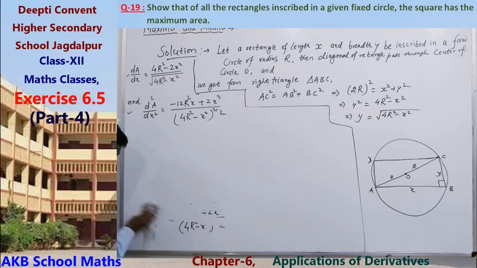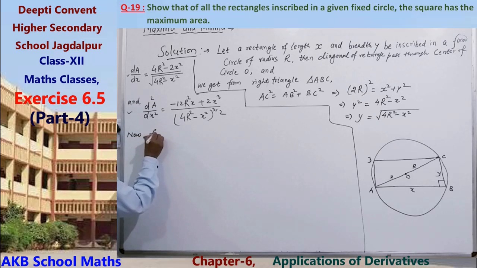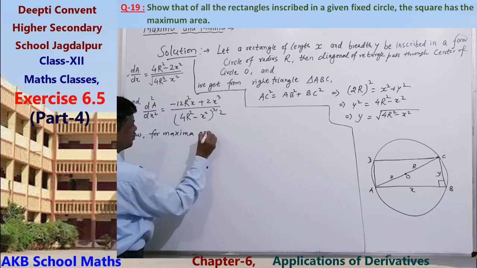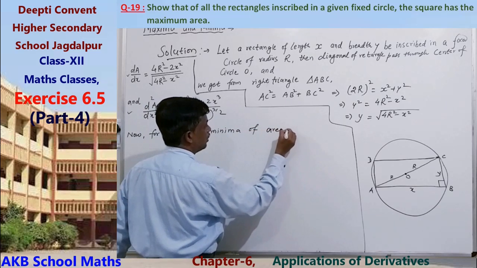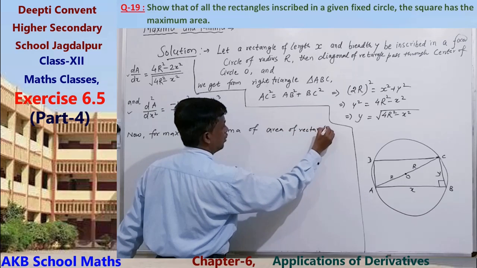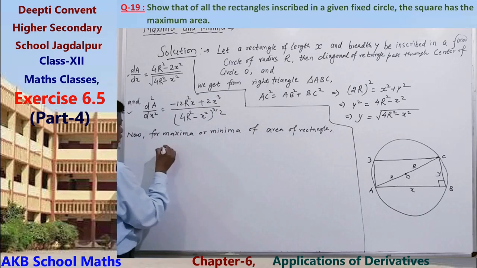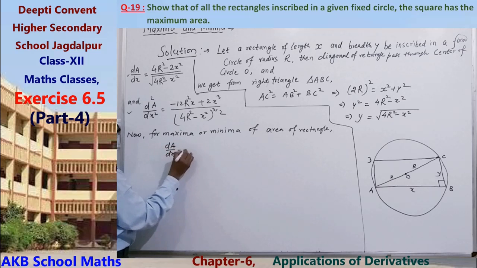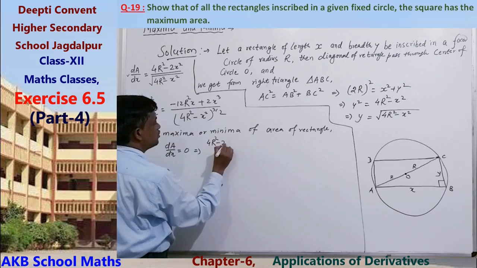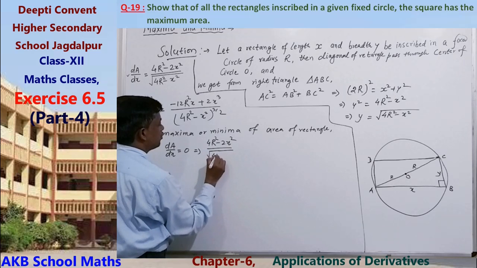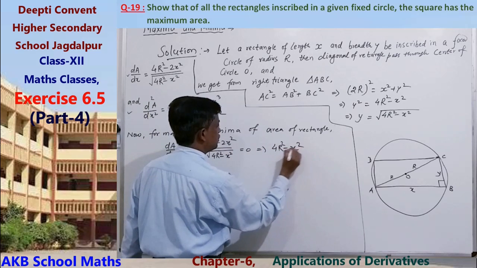Okay. Now for maxima or minima of area of rectangle, dA upon dx equals to 0, means this equals to 0. 4r square minus 2x square upon root of 4r square minus x square equals to 0, means this equals to 0. 4r square minus 2x square equals to 0.